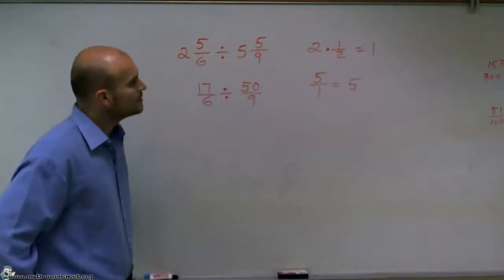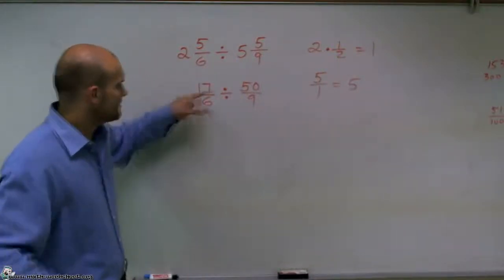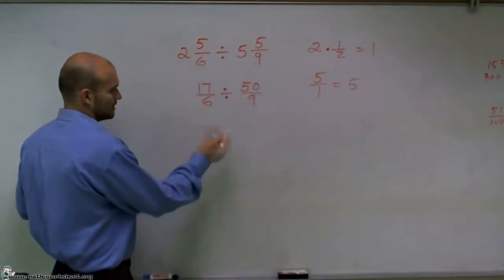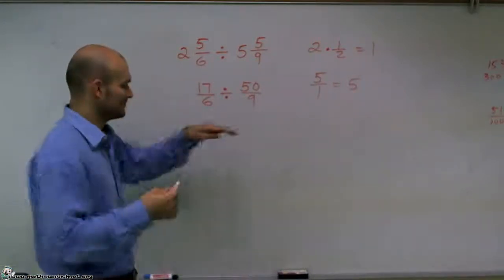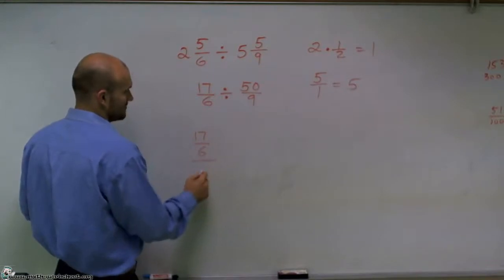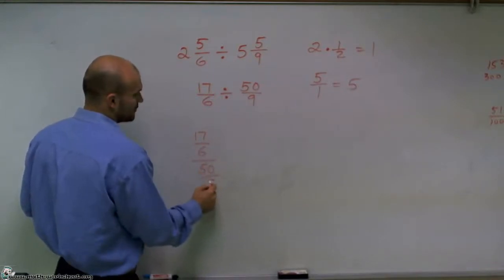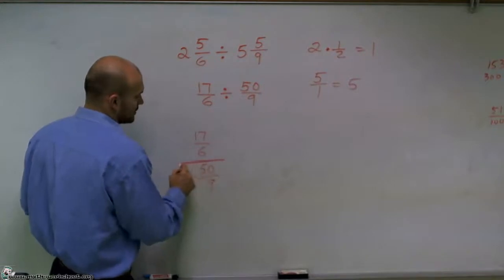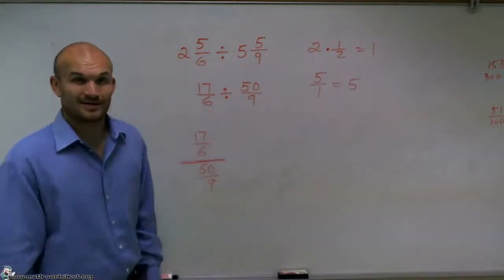So when we look at this problem, if I rewrite this with a fraction bar, so if I write this as 17 over 6 divided by 50 over 9, you notice there's a lot of fractions going on here, don't you?